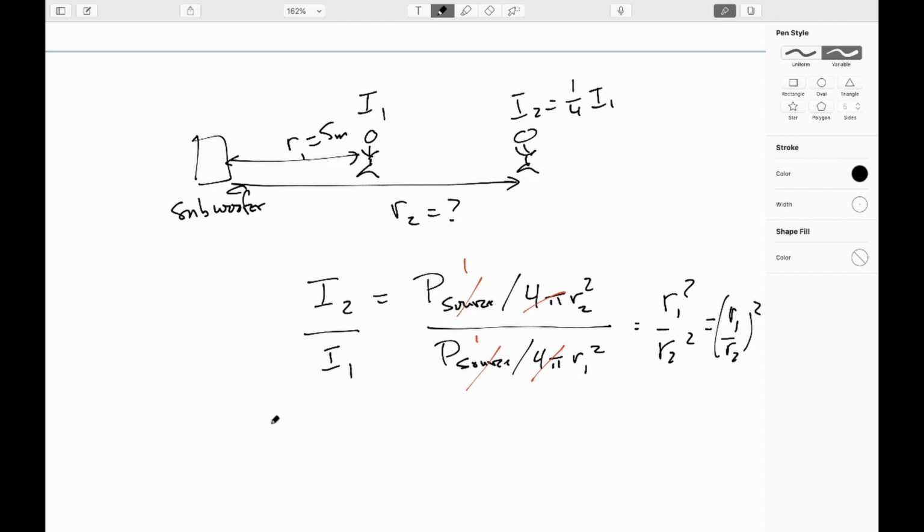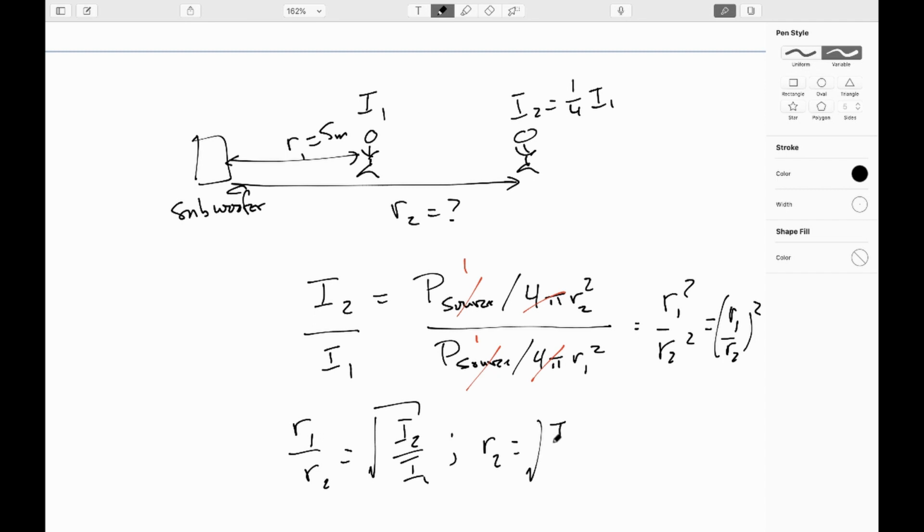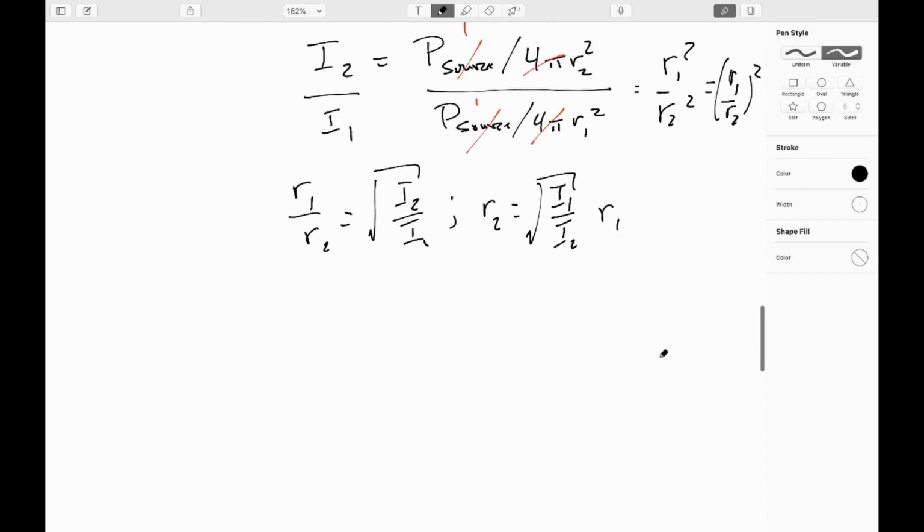If we take the square root of both sides, we get r1 over r2 is equal to the square root of I2 over I1. Then we can rearrange this to get that R2 is equal to the square root of I1 over I2, times R1. We were told that I2 was a quarter of I1.